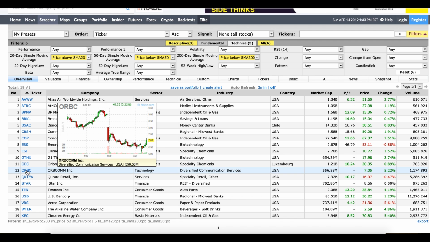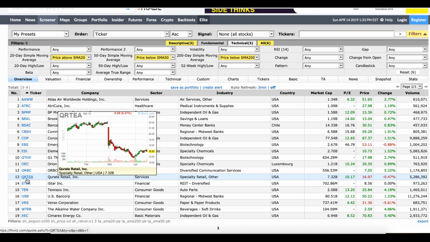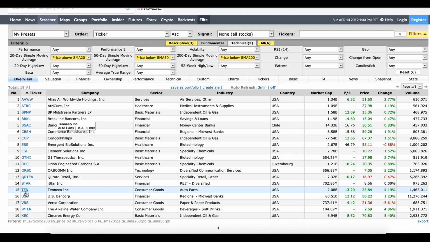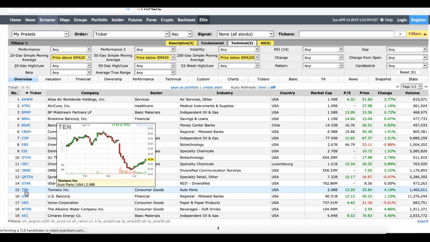Technology, here's ORBC. Chart doesn't look that interesting to me. Again, chart doesn't look that interesting. Star, maybe. It's financial. It's a REIT. Again, it just looks like it's stalled out here. This one maybe looks interesting. It does look like it's breaking out.